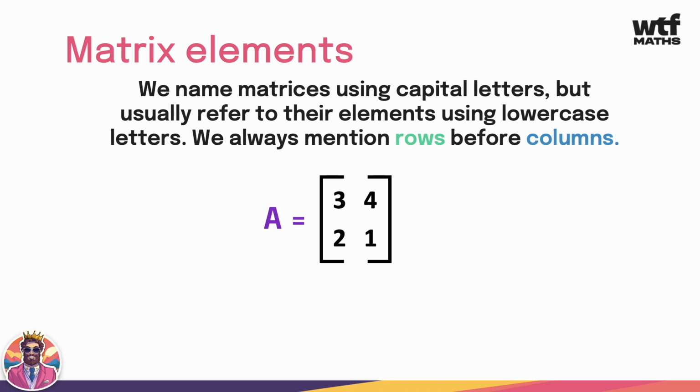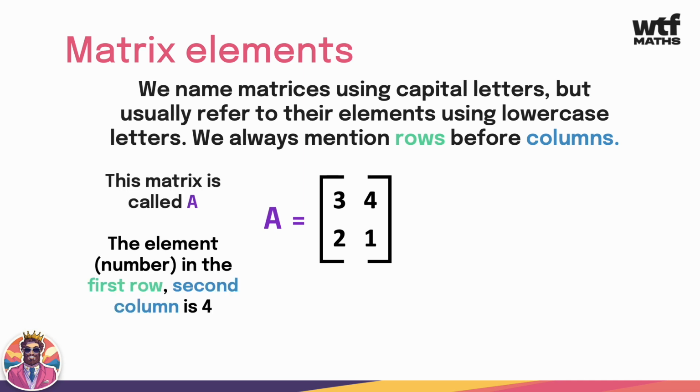So we name matrices using capital letters, but we usually refer to their elements, or the numbers on the inside, using lowercase letters. And we always mention rows before columns. So if we look at this, we can say that this matrix is called A. It's a capital letter.